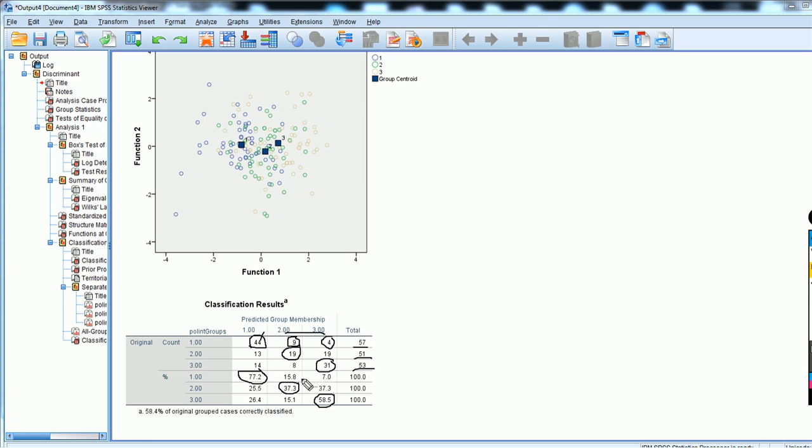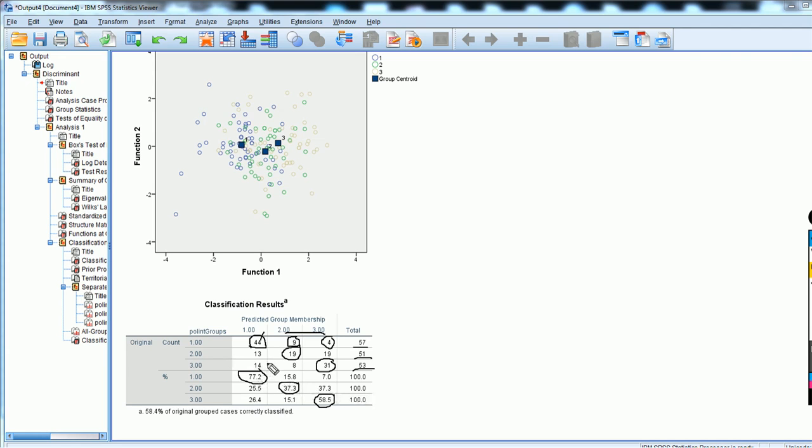So essentially, roughly 22% of cases were incorrectly classified as falling into group 2 or 3, when in reality they were observed to fall into group 1. So that's what these numbers are representing: basically misses in terms of predicted group memberships in relation to actual group membership.